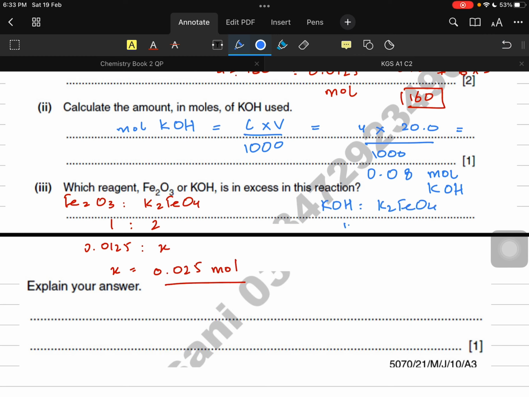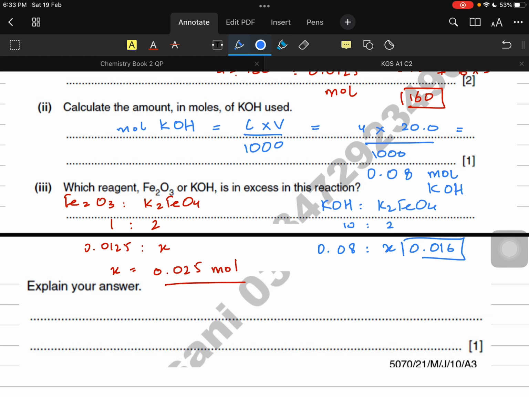The ratio is 10:2. So if the moles were 0.08 over here, how many moles do we get for K2FeO4? The answer has to be exactly 0.08 divided by 5 becomes 0.016. 0.016 is the answer over here.